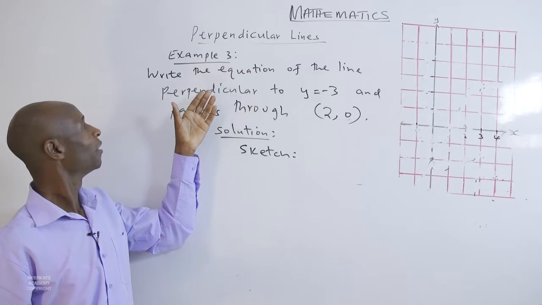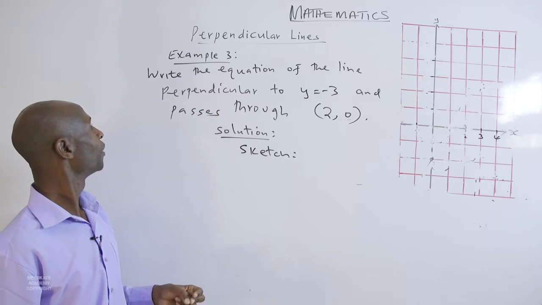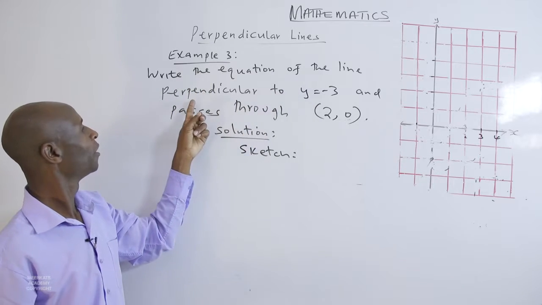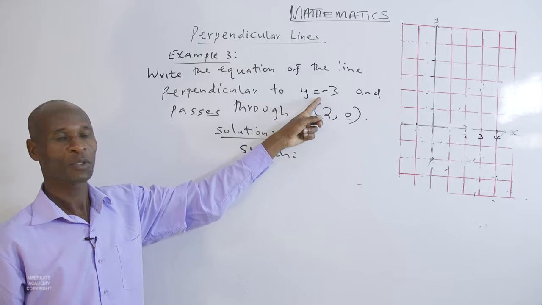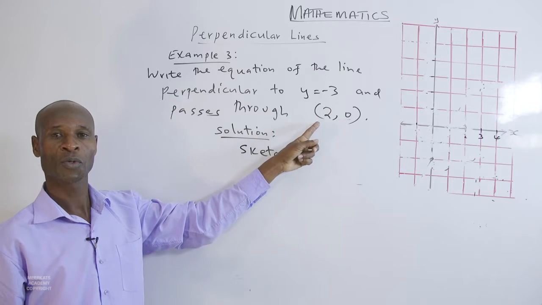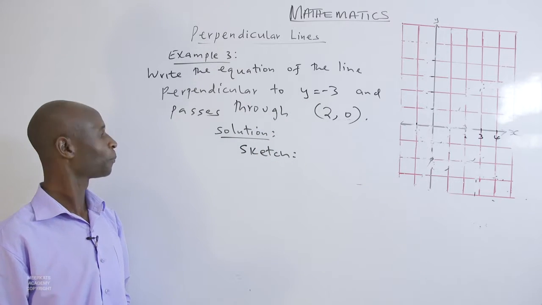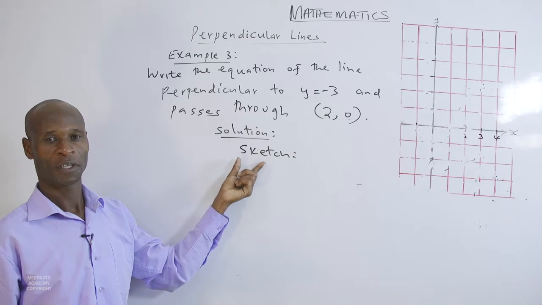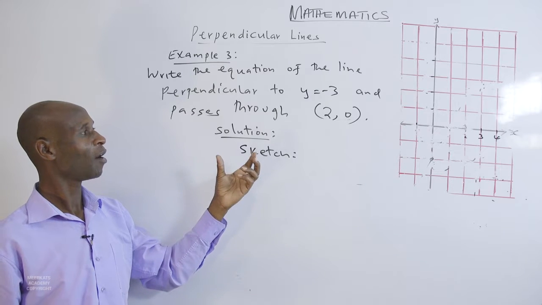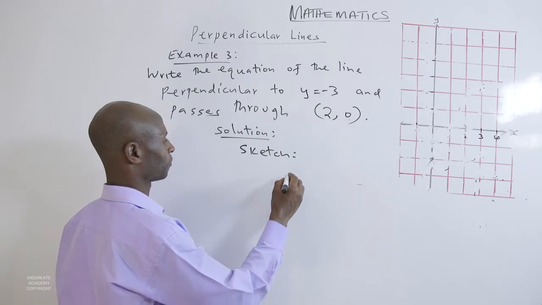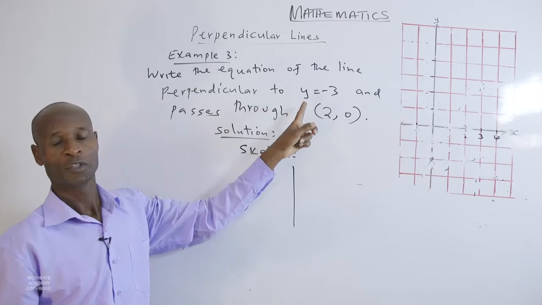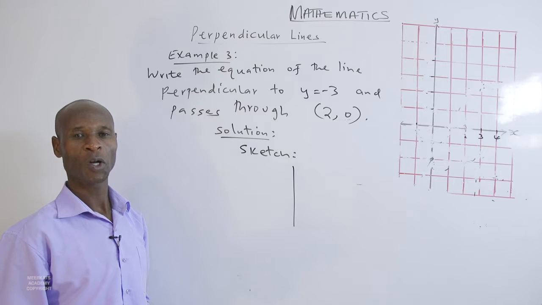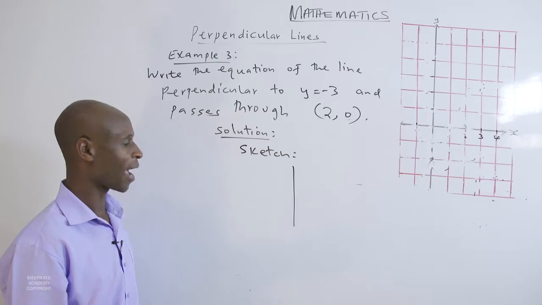Now, in our third example, we are required to write down the equation of the line perpendicular to y is equal to -3 and passes through the point (2, 0). So in this particular example, you first of all sketch so that you have an idea of the behavior of the line.